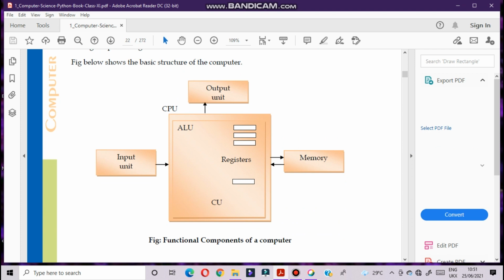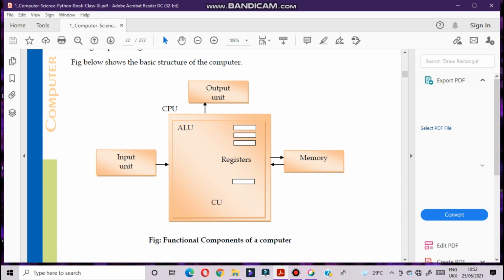ALU, arithmetic logic unit, CU, control unit, and memory which holds the data or instructions. When the user gives input, or you can say a command or instruction, using an input device into the computer, it goes to the CPU, the central processing unit.